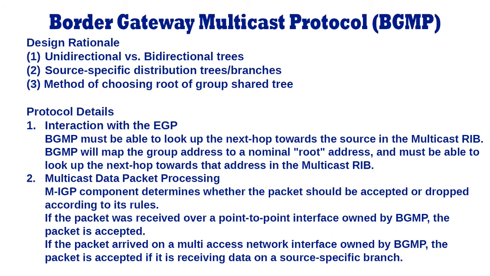And third, if the packet arrived on a multi-access network interface owned by BGMP, the packet is accepted if it is receiving data on a source-specific branch, or if it is the designated forwarder for the longest matching route for S or for the longest matching route for the nominal route of G.